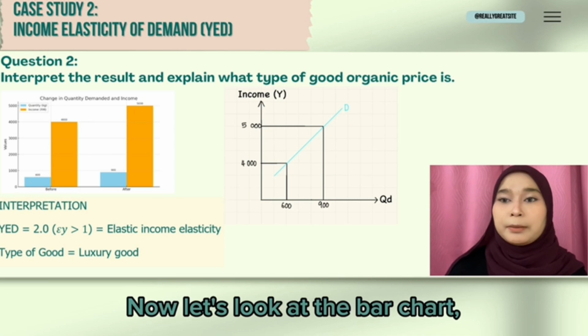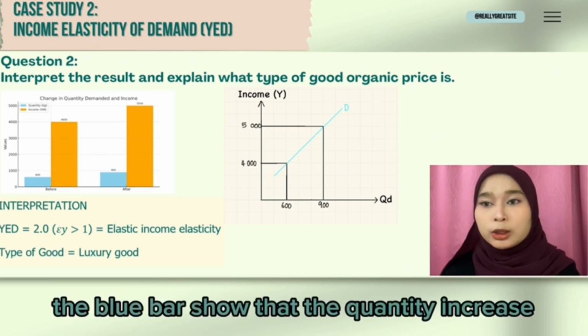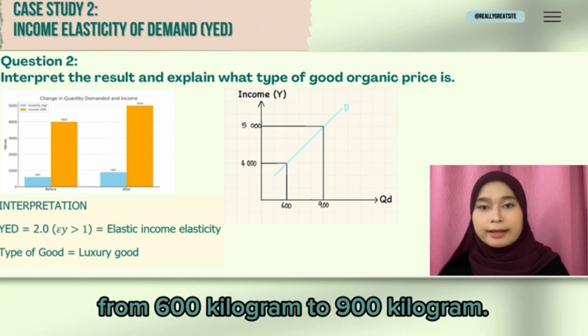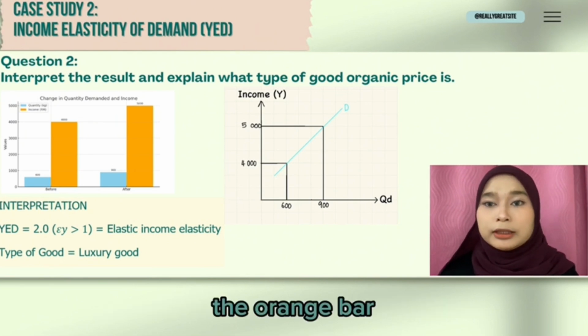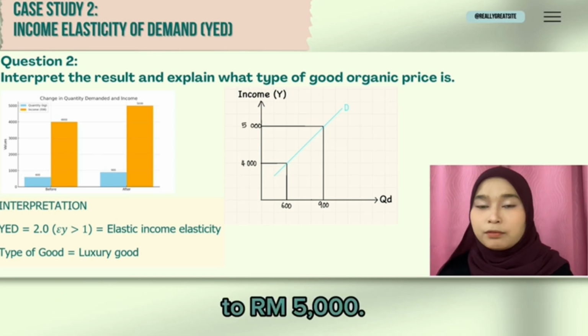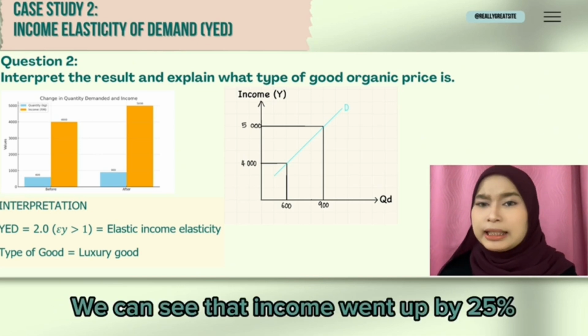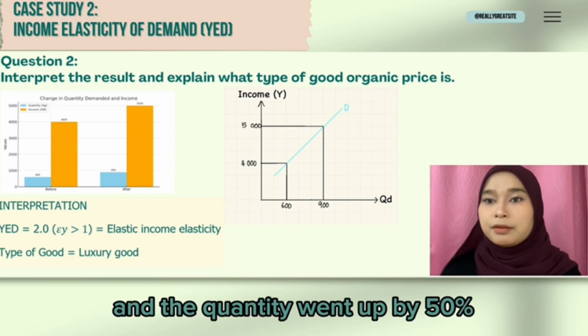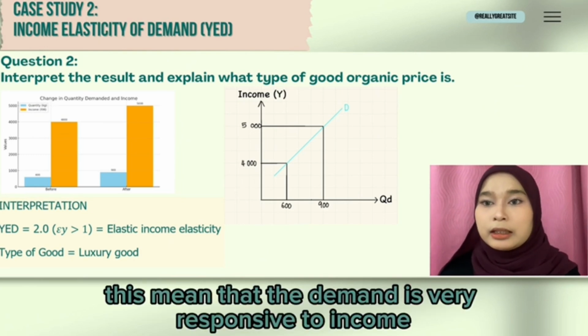Now, let's look at the bar chart. The blue bar shows that the quantity increased from 600 kg to 900 kg. The orange bar shows that income increased from 4,000 ringgit to 5,000 ringgit. We can see that income went up by 25% and the quantity went up by 50%. This means that the demand is very responsive to income.